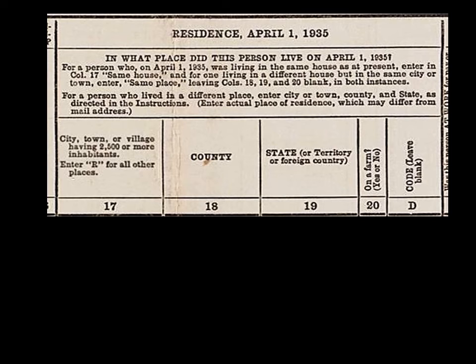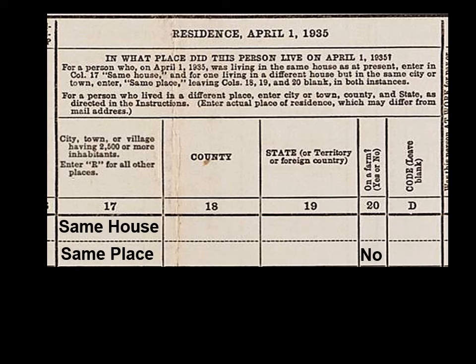Anyway, the question about where did you live in 1935 may have a number of different sorts of responses. You might have the same house or the same place, and then they might ask you about whether you lived on a farm or not.